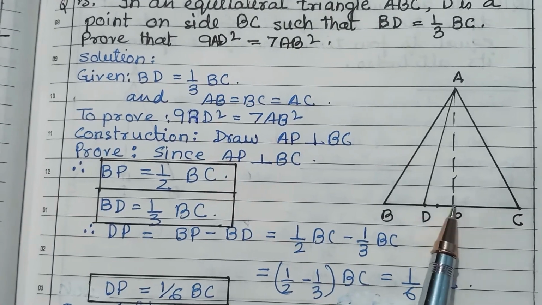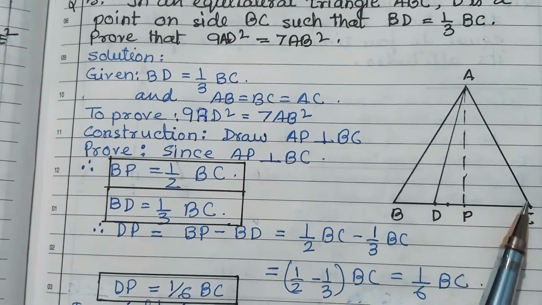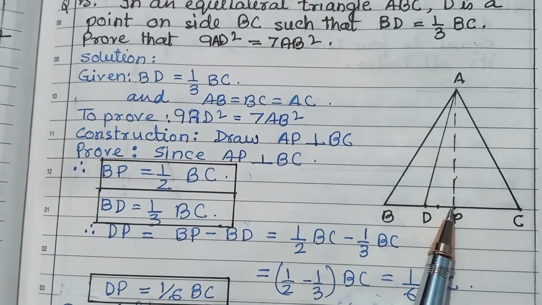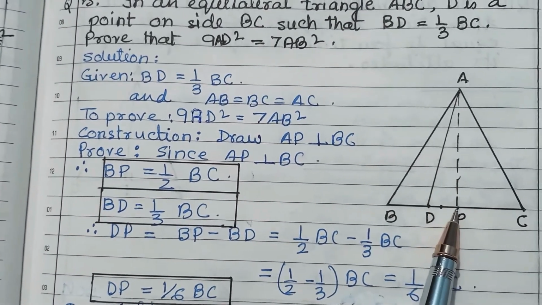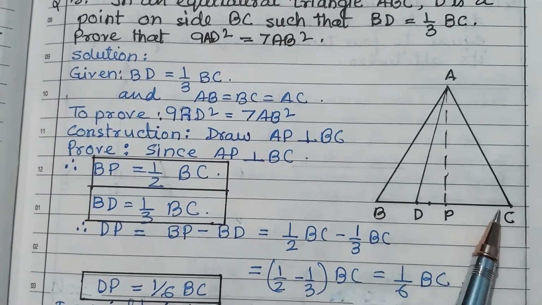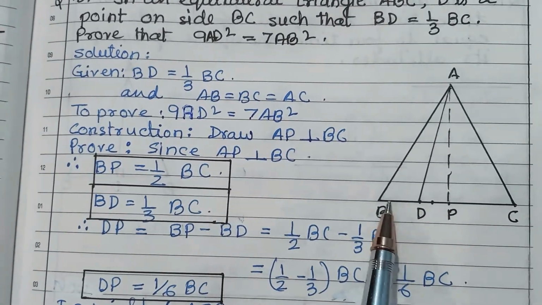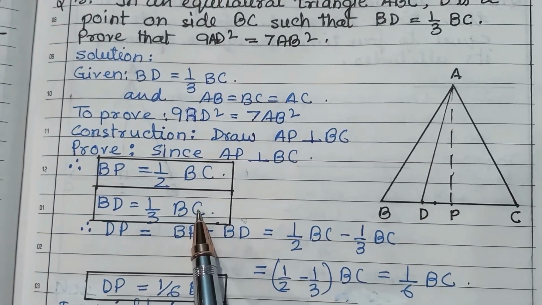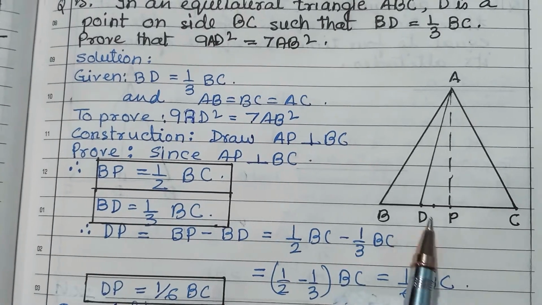Perpendicular means it is the midpoint in an equilateral triangle, the median and the altitude are the same. P is the midpoint. So BP is equal to half of BC and BD is equal to 1/3 BC, it is given. Now DP is equal to how much?